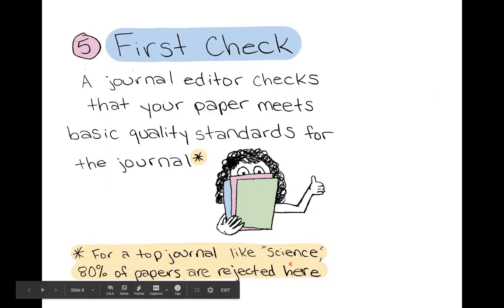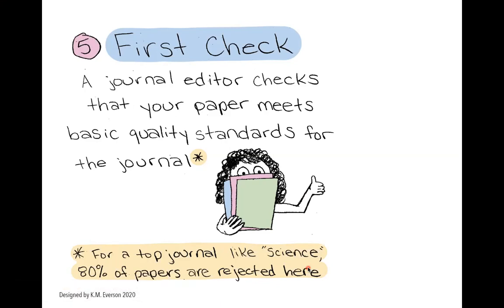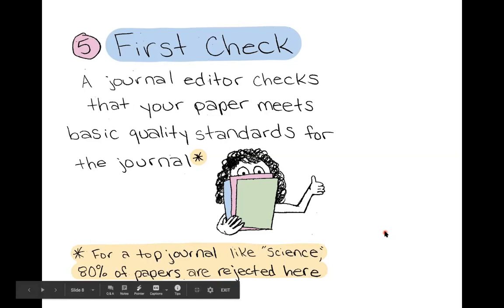Something like Science. So again, I've made you guys go and get science references before. Keep in mind, 80% of the papers are rejected from Science, at least. So that's a top tier journal, right? That's the Harvard or Stanford or whatever of scientific magazines.